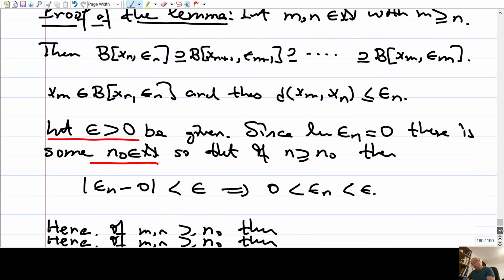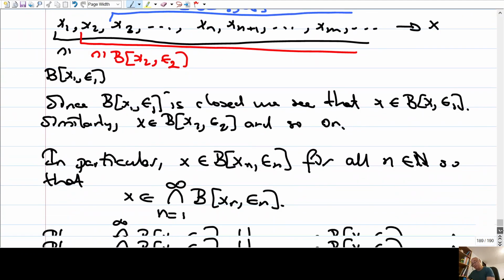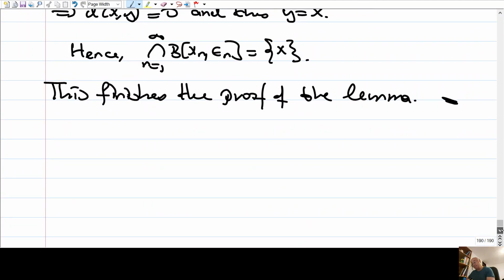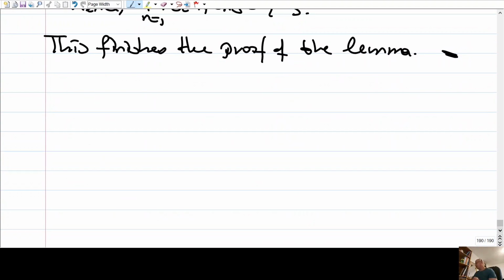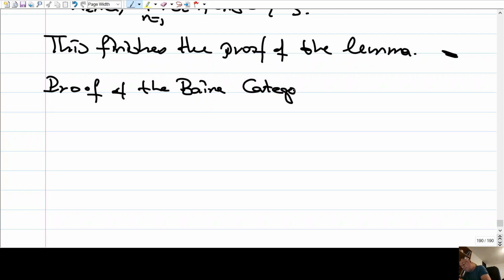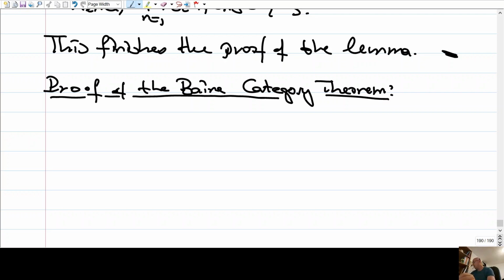Now let's see why this helps us to prove the theorem, the Baire category theorem. The proof of the theorem. All right. Remember, E is the union of En's.